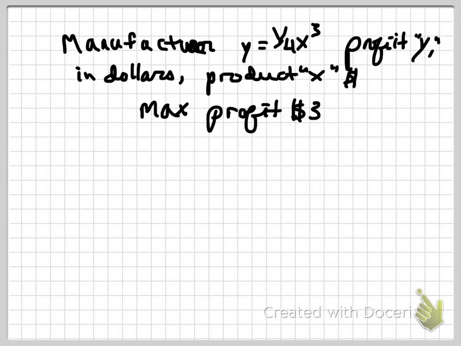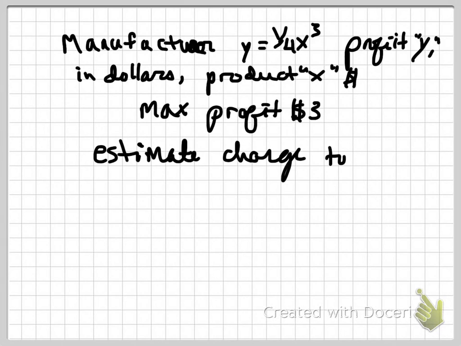So we want to estimate the amount the manufacturer should charge to make the maximum profit. We want to know what's the max charge to make the maximum profit. So how close can we get to $3 is what we're wondering. Let's start by graphing our function, and we'll see what's the number closest to 3 that we could charge for each product.